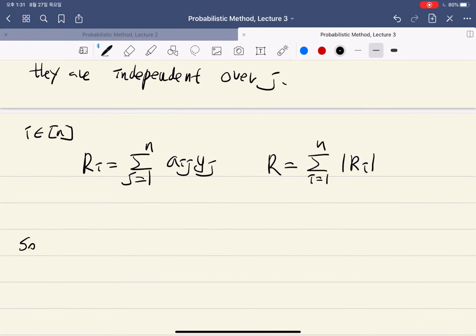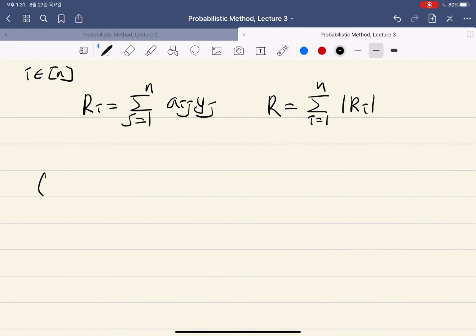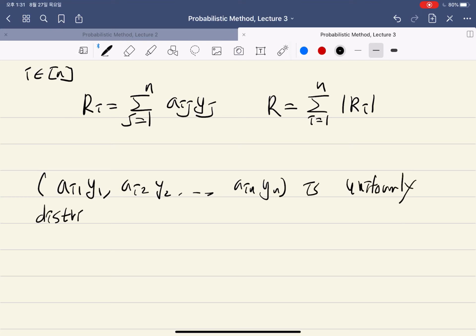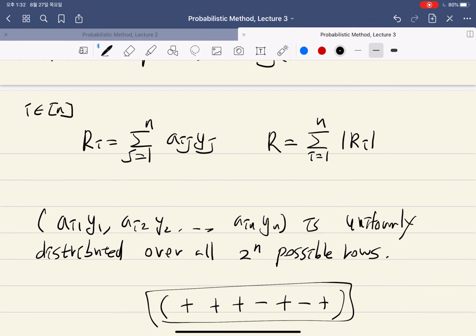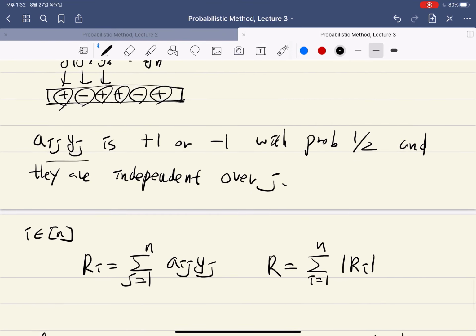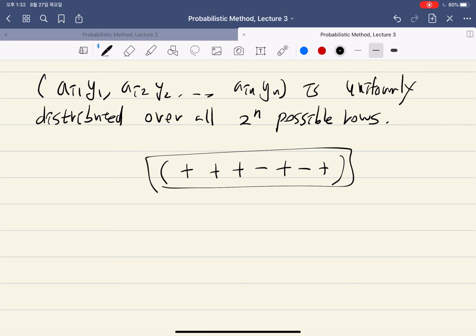And we know that because of this, the row vector a_i1 y_1, a_i2 y_2, ..., a_in y_n is actually uniformly distributed over all 2 to the n possible rows. So if you fix a certain row, like plus, plus, plus, minus, plus, minus, plus, the probability that this is the ith row after multiplying y on the entries is exactly 1 over 2 to the n.